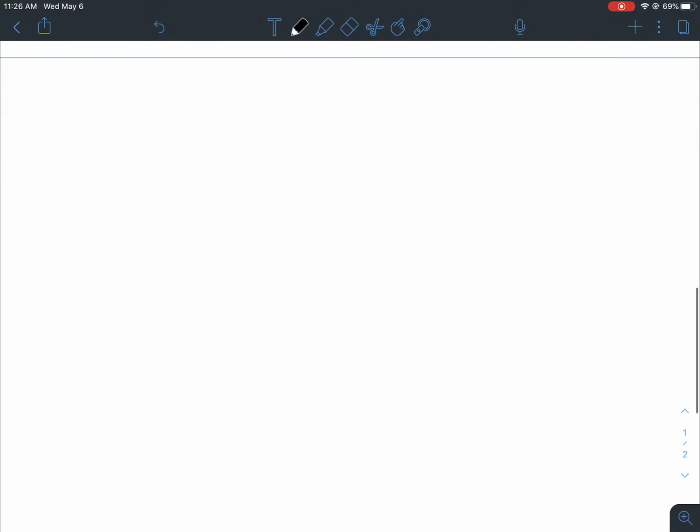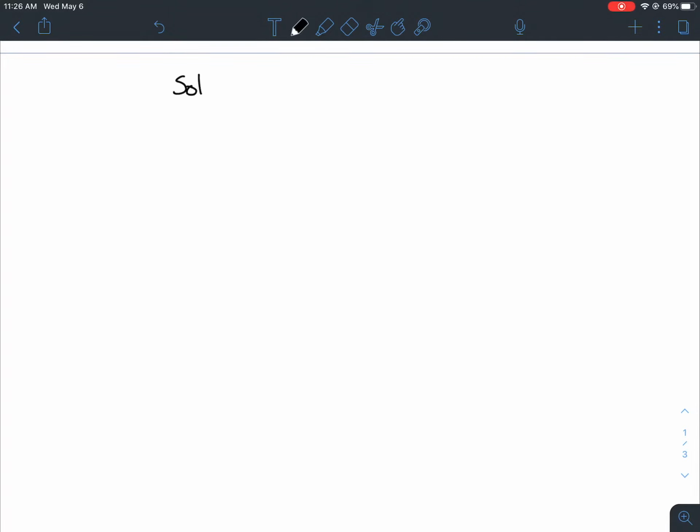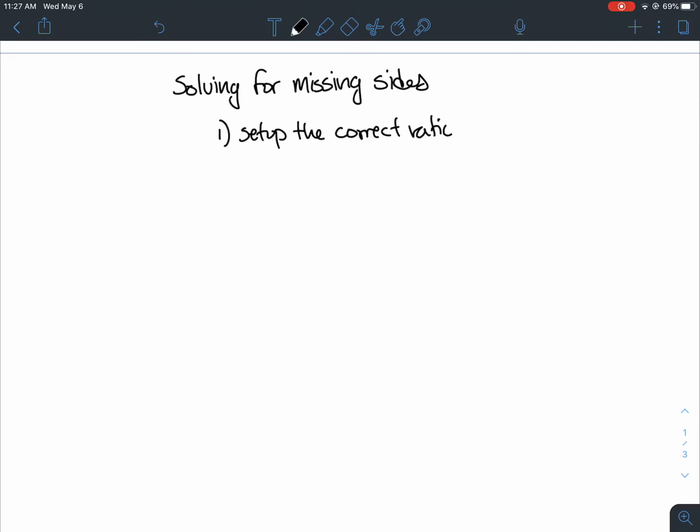So, now we're going to get into solving for missing sides. And so when we're solving for missing sides, we need to make sure we're using the right ratio, and then we're going to use some algebra to solve for it. So there's a two-step process. We need to set up the correct ratio using SOHCAHTOA.